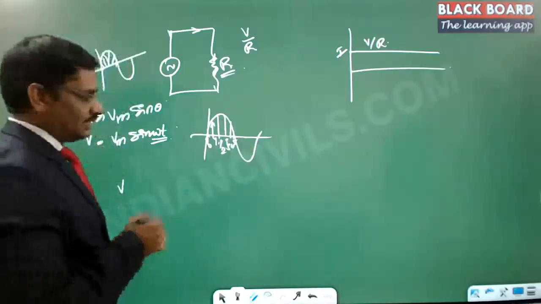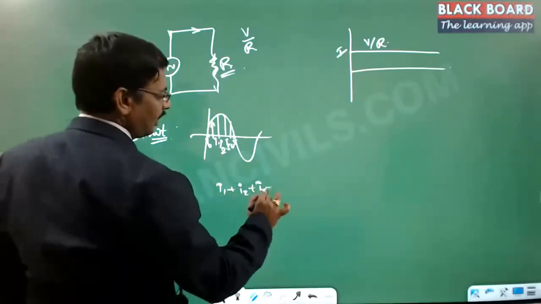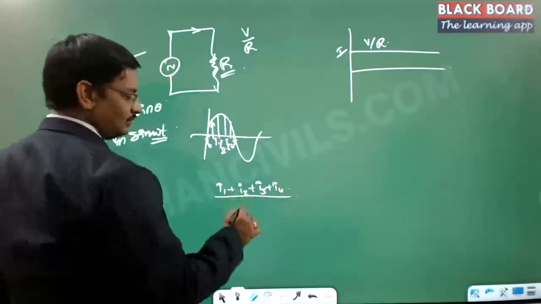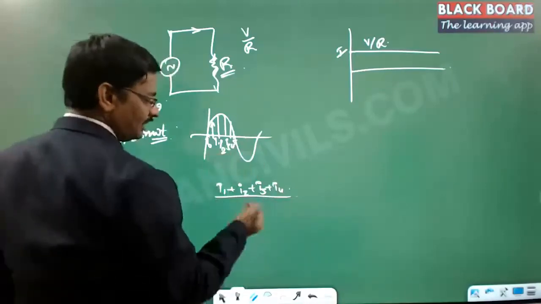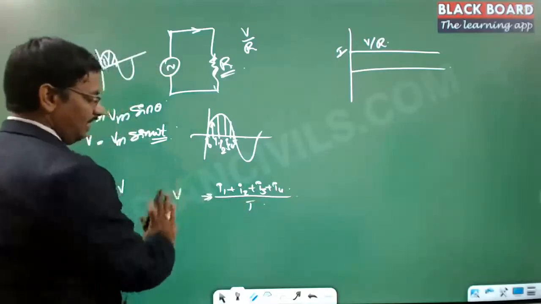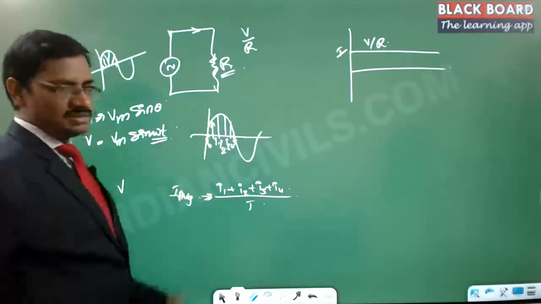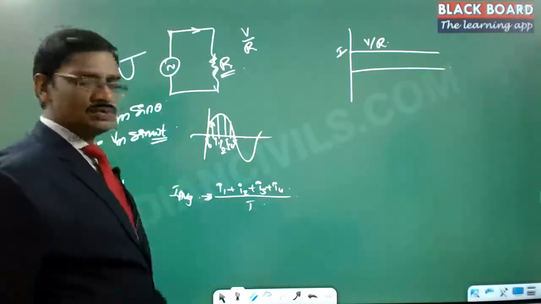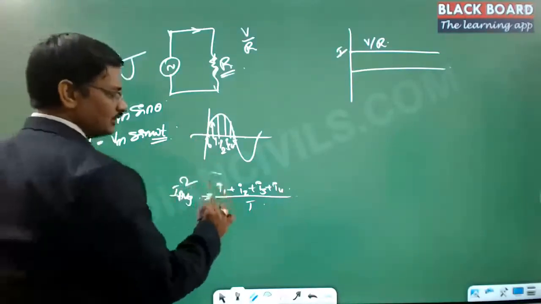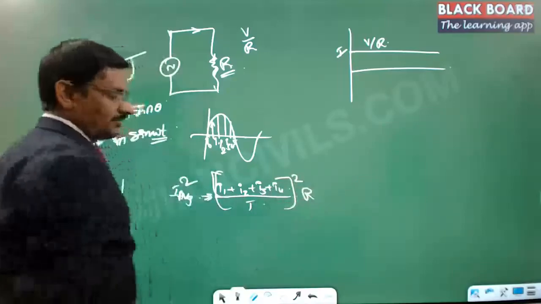So a total of 5 values we have taken, I1, I2, I3, I4, and then you take the average of these values, divided by the entire time period, whatever time period you take. This is the I average that you have calculated, depending upon the voltage value, which changes accordingly. Now you want to square it, so this entire thing we will be squaring, and you are multiplying with R.